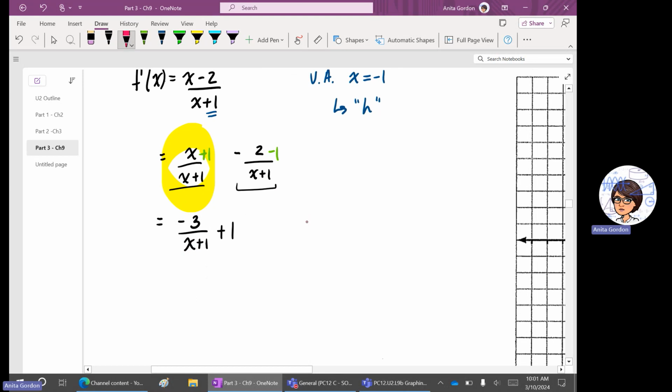Okay, so again, if my base transformation function is this, a over x minus h plus k, I can see from this equation, again, vertical asymptote is at -1, horizontal asymptote is at +1. So horizontal asymptote at y equals 1.